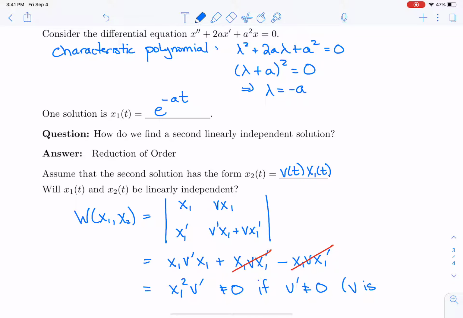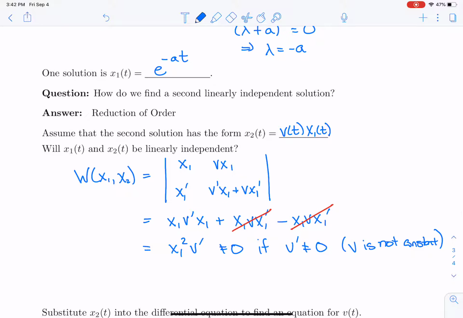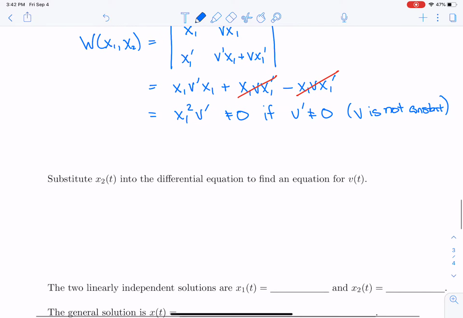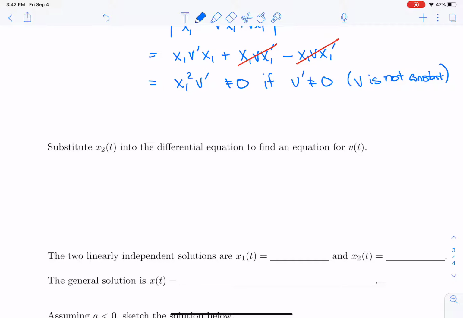So as long as our v is not constant, then x2 will be linearly independent from x1. Now what we're going to do is substitute x2 into our differential equation for v of t.